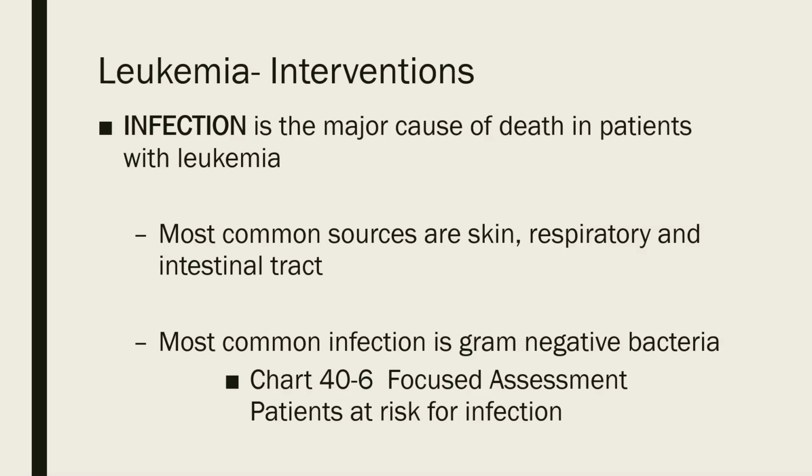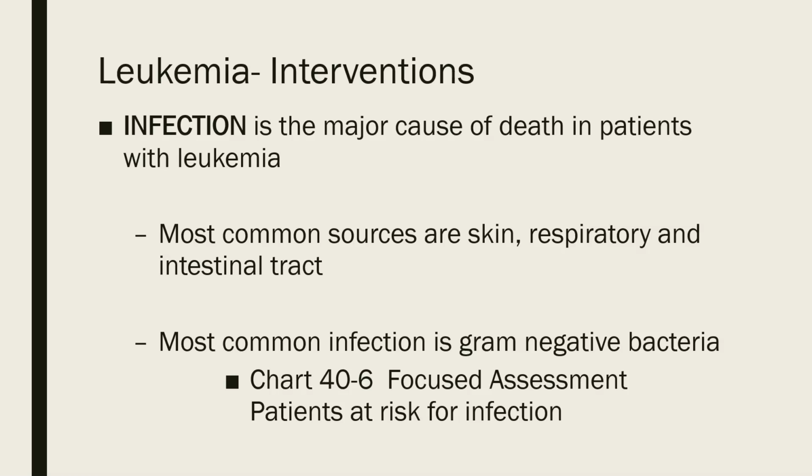So that intestinal tract, it could just be the good old-fashioned E. coli that lives in there all the time, starts running amok, okay? Cross-contamination is when it's from an outside source. So keep that in mind that sometimes these patients actually just infect themselves from normal flora that lives in their body. The most common infection is a gram-negative bacteria, okay?